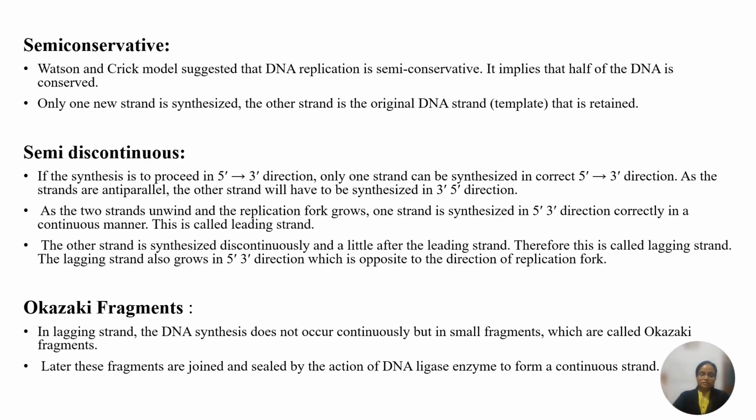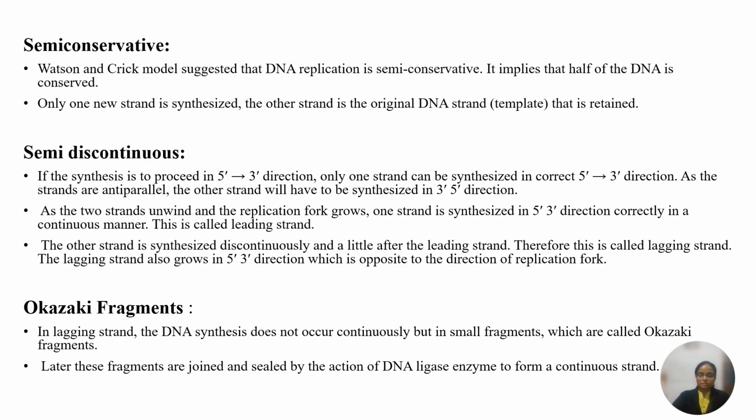But in the case of the other template strand, if you check the direction of the replication fork, this template is running in the 5' to 3' direction. And as we know, the new DNA strand can only be synthesized in one direction, that is the 5' to 3' direction.